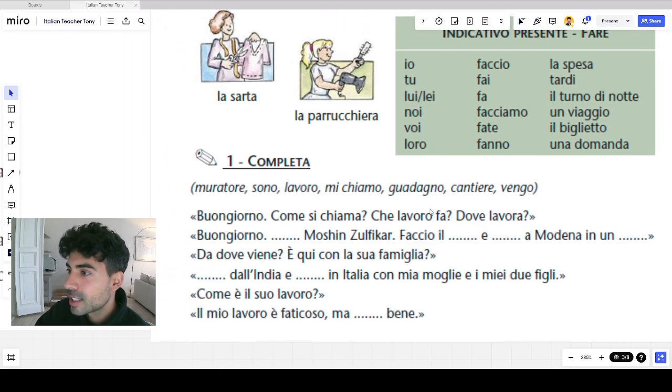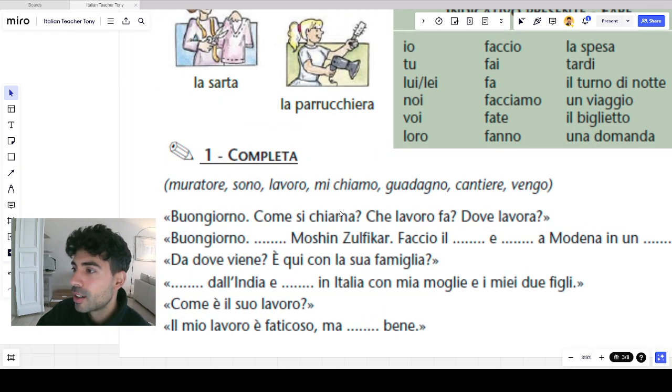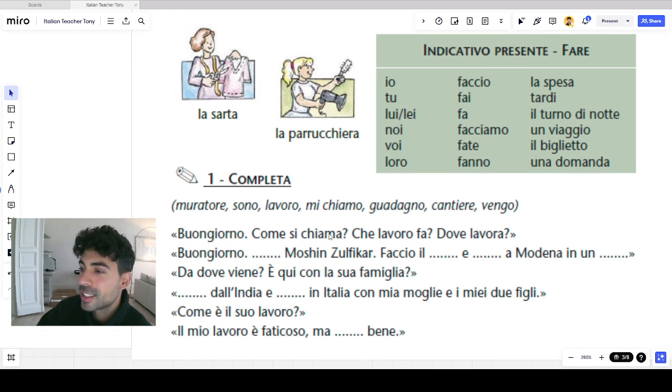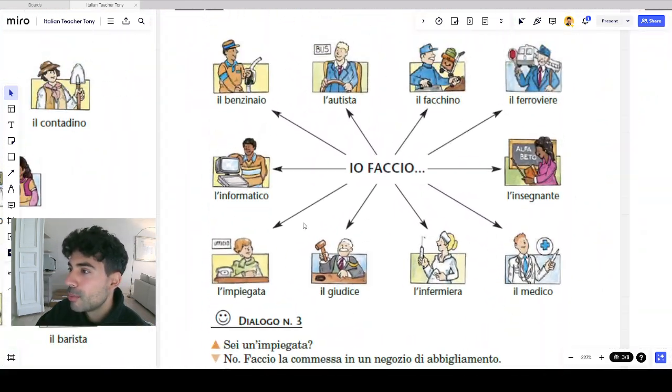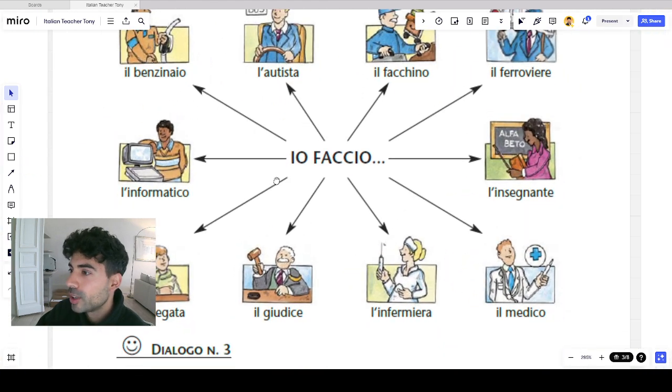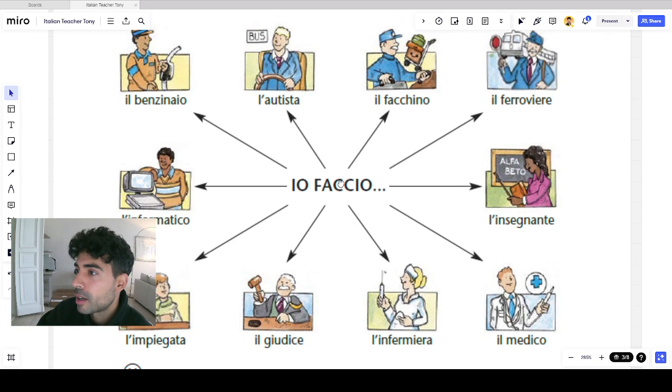Here there is a small exercise. We need to put the verbs inside of it and try to make sense out of the sentence. I leave this to you as a practice exercise. We are gonna do together again some vocabulary about works. So here we have again io faccio, I do. It literally would be I do, but in English you would say I am, and then you mention one of the jobs.